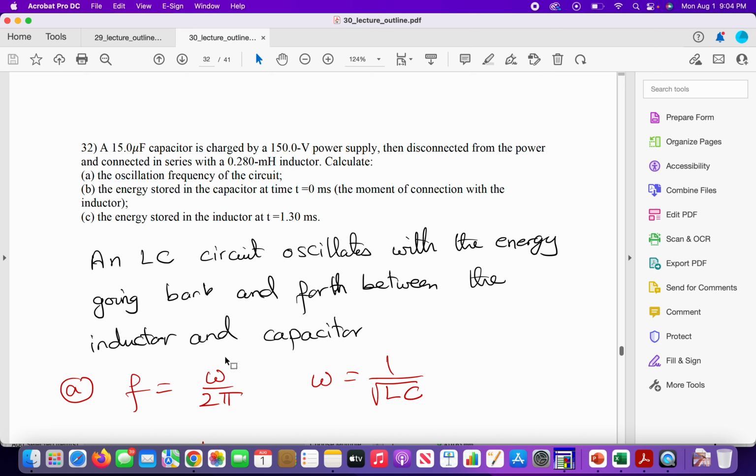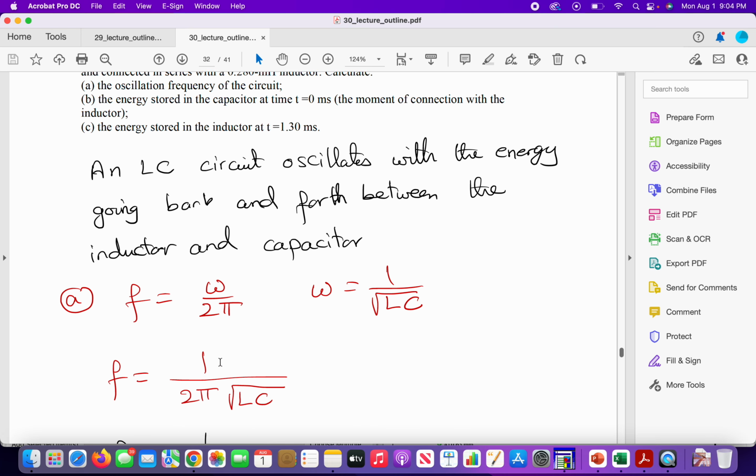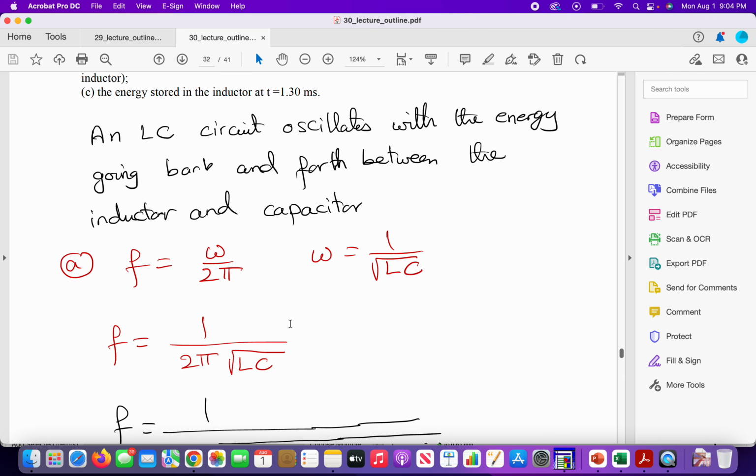This is an LC circuit, which oscillates with the energy going back and forth between electrical energy and magnetic energy: electrical for the capacitor and magnetic for the inductor. We can calculate the frequency as omega over 2 pi, where omega is 1 over the square root of LC.